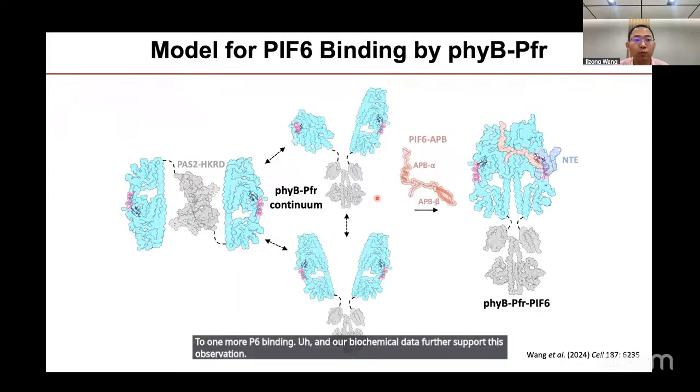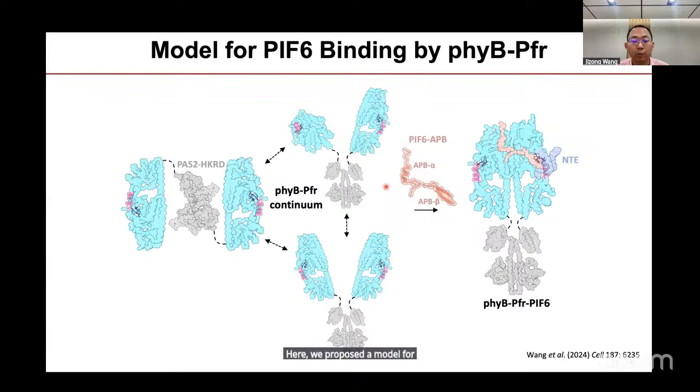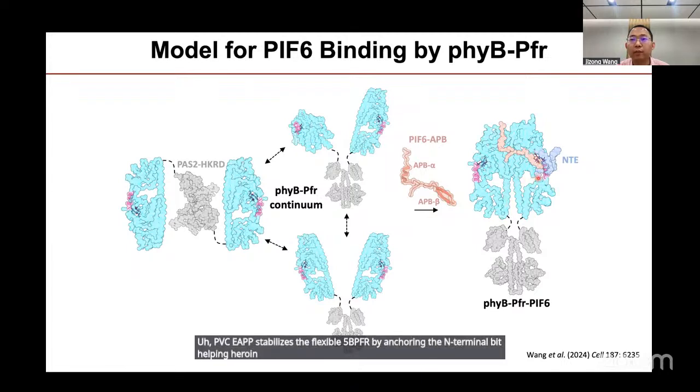Here we proposed a model for PIF6 binding by phyB Pfr. PIF6 APB stabilizes the flexible phyB Pfr by anchoring the N-terminal beta hairpin to the NTE domain of one phyB monomer and bridging the C-terminal alpha helix across the head-to-head dimer interface.